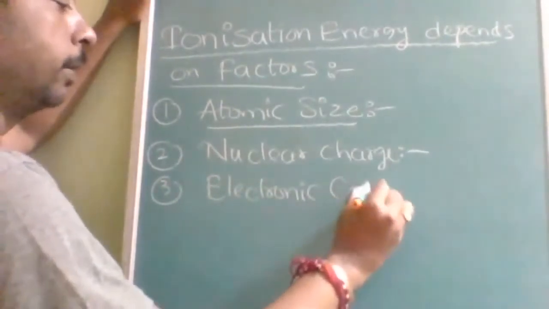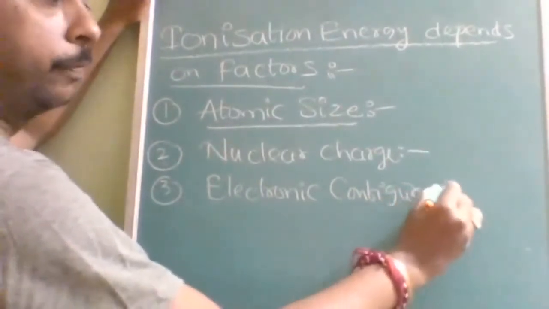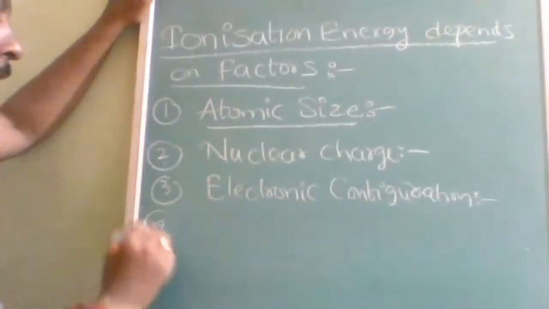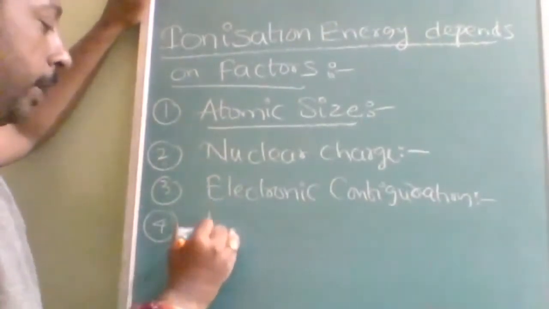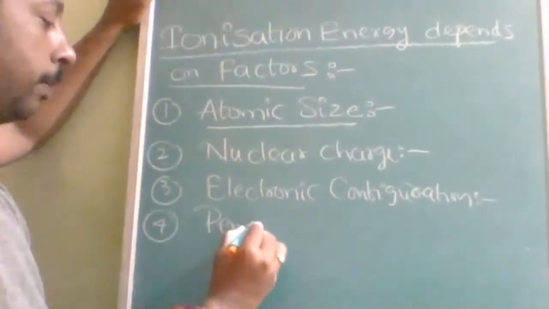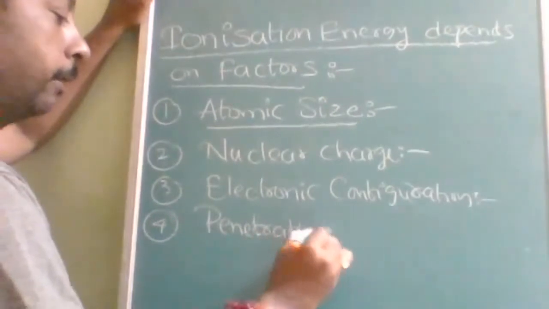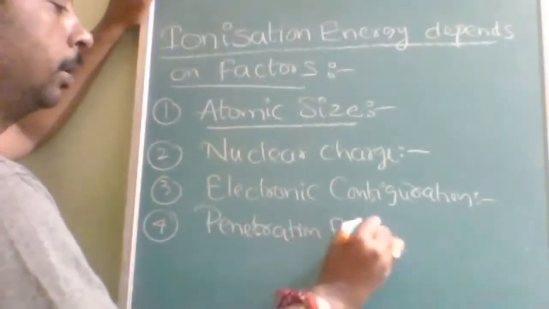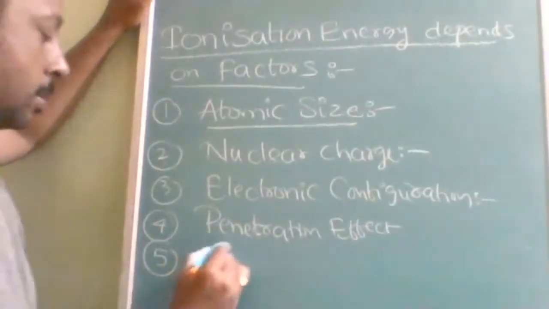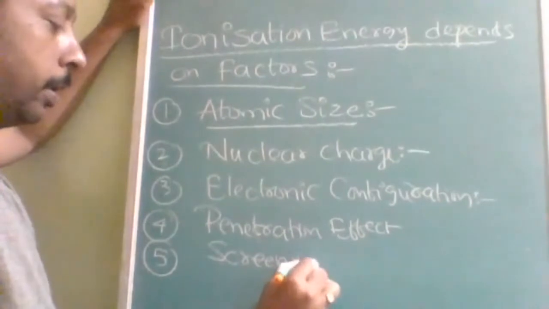Third factor is electronic configuration. Okay. And fourth factor is penetration effect. Fourth factor is what? Penetration effect. Okay. And fifth factor is screening effect. Which effect? Screening effect.